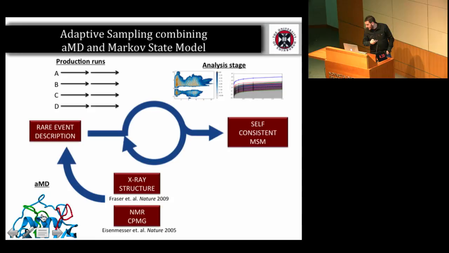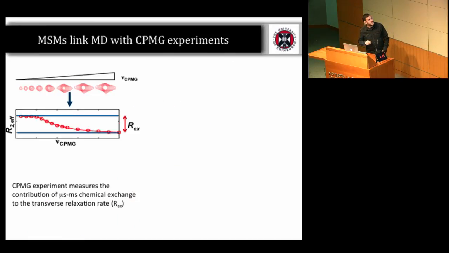So we wanted to reproduce some experimental observables, and in particular, we wanted to reproduce the CPMG measurements, or the relaxation dispersion measurements. For those of you that are not aware, relaxation dispersion experiments basically use a series of pulses of higher frequency to delete the contribution of chemical exchange to the HSQC signal.